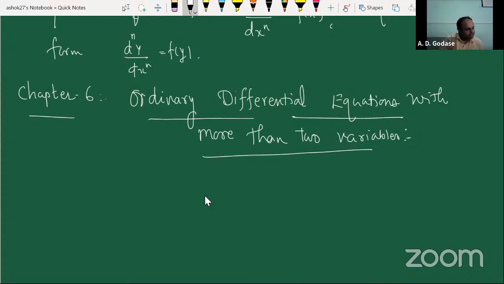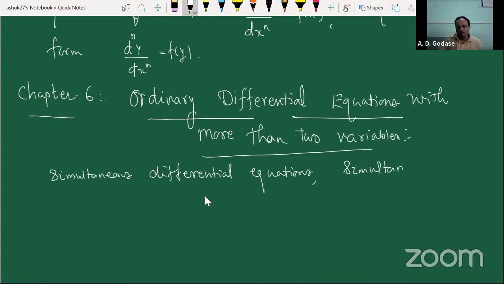So we will see simultaneous differential equations, simultaneous differential equations of first order.